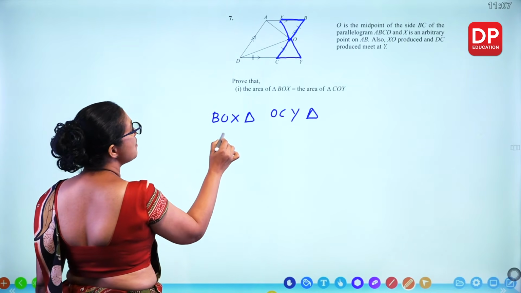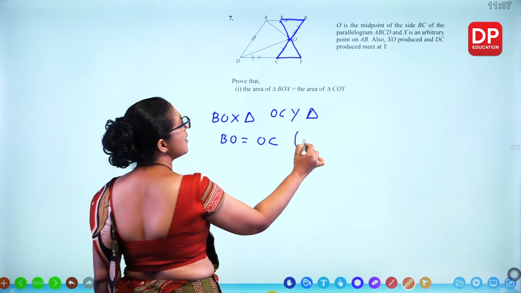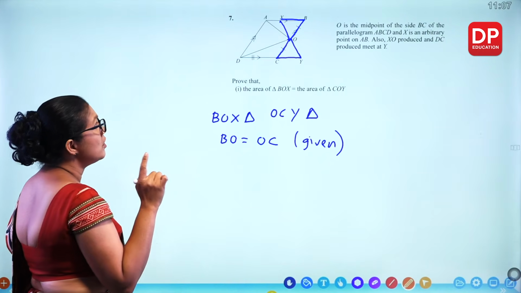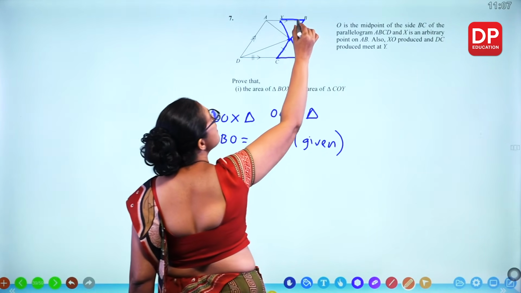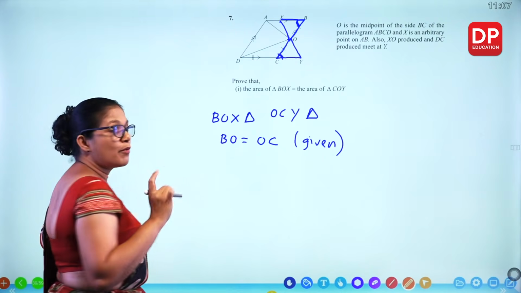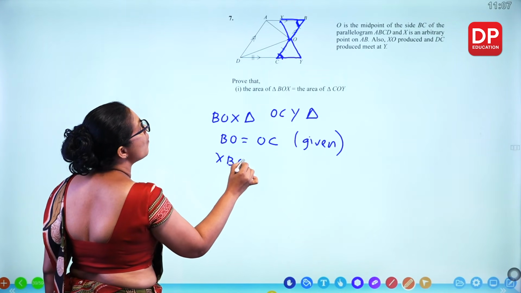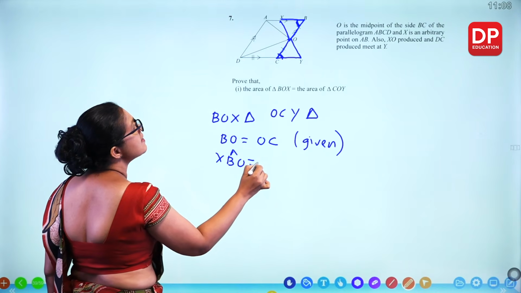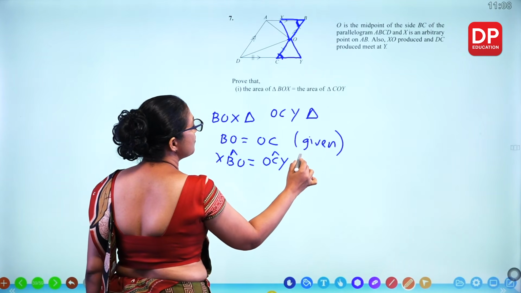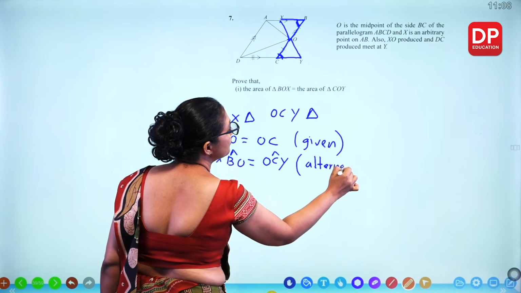We know that BO is equal to OC. It's given in the diagram. And also, what can you say about this angle and this angle? Both are equal. XBO angle is same as OCY angle because those are alternate angles.